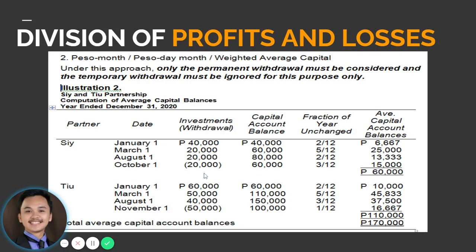So 80 minus 20 gives you 60 times 3 over 12. 3, because there are 3 months before December: October, November, and December. So that's 15,000. In total, the average capital account balance for C will be 60,000.